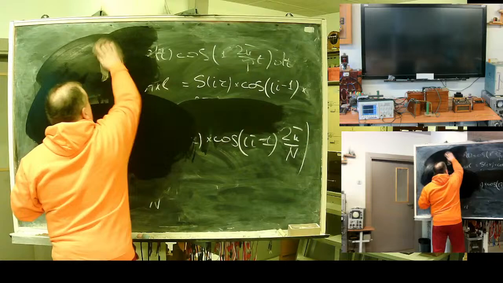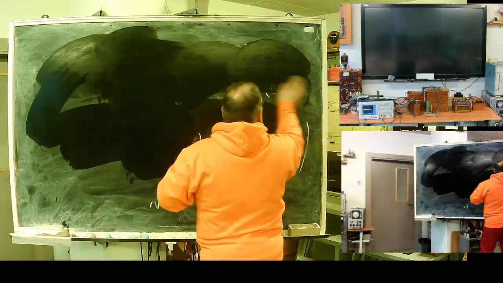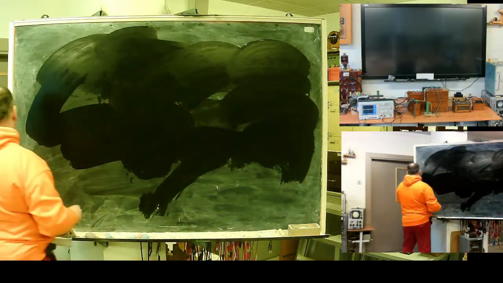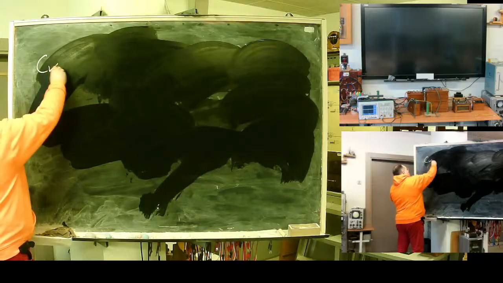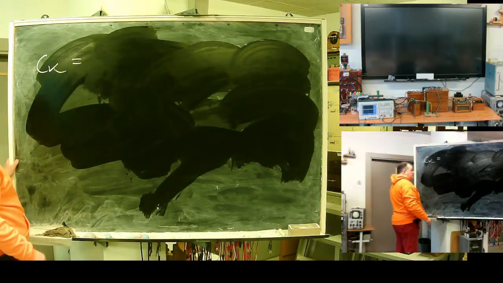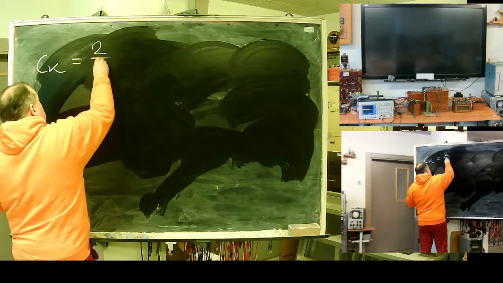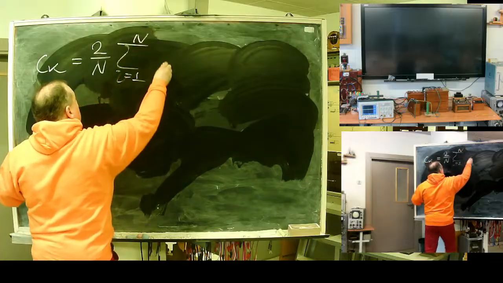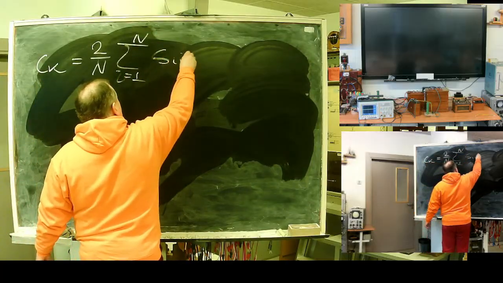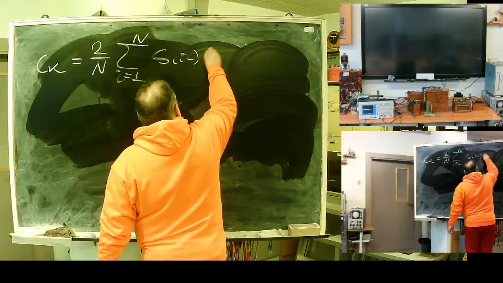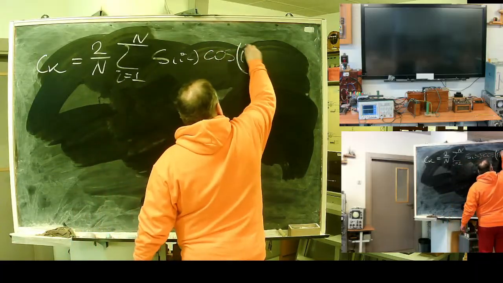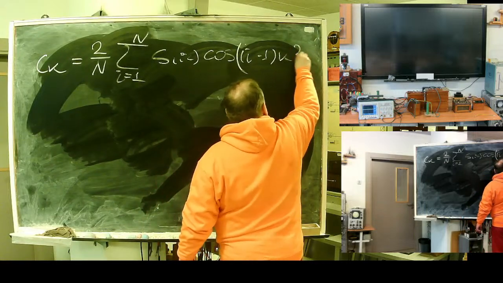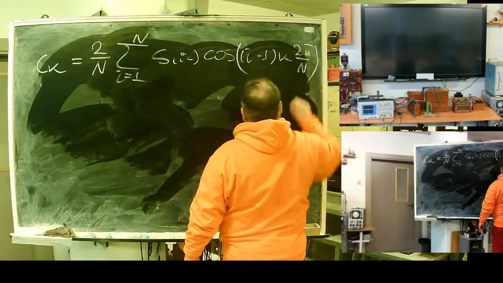Meaning I can write: factor number k for cosine is 2 divided by n, sum where i starts from 1 and ends at n, of signal values multiplied by cosine of (i minus 1) k 2 pi divided by n.